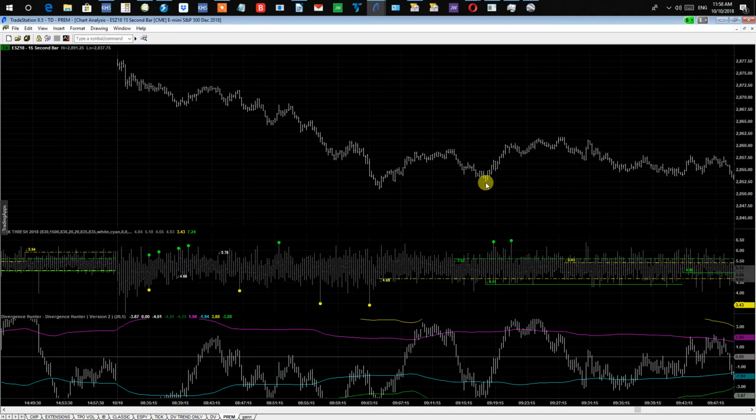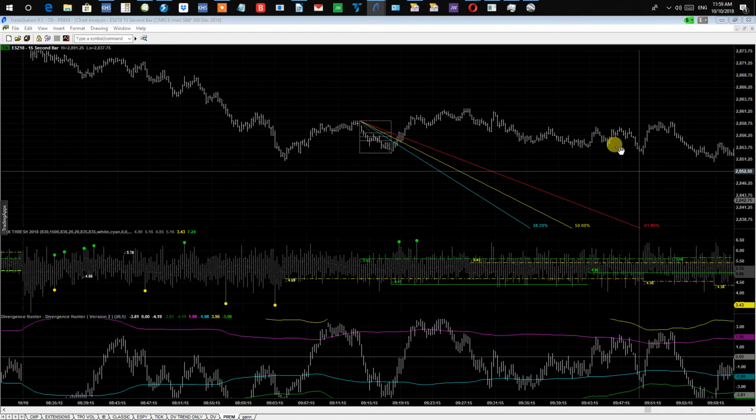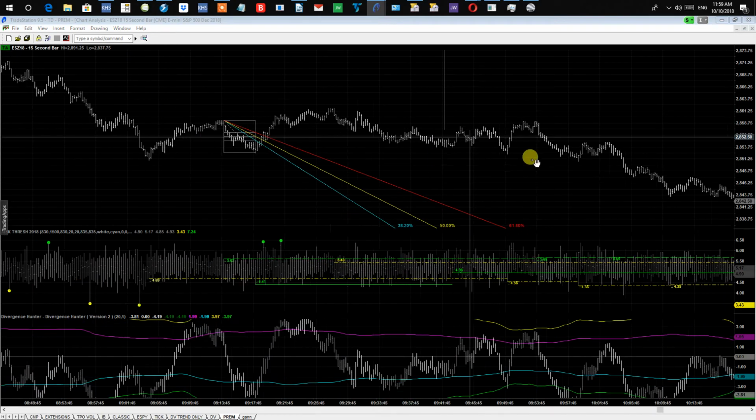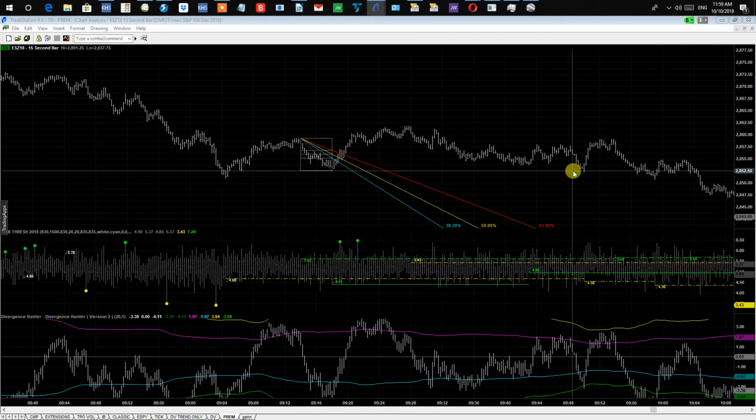I'm using a hotkey to create my retracements. And we've got a very steep slope in here, insufficient for us to really get any results. So let's pick a different point.